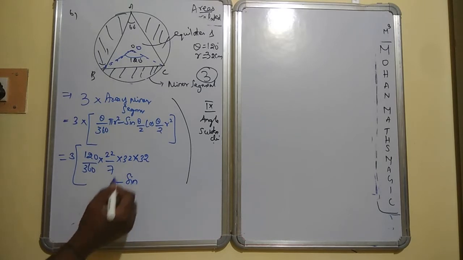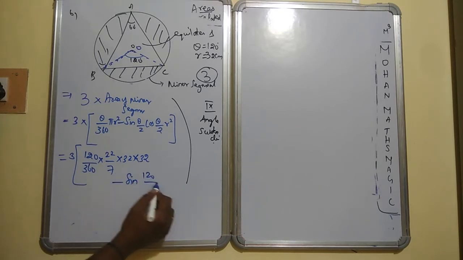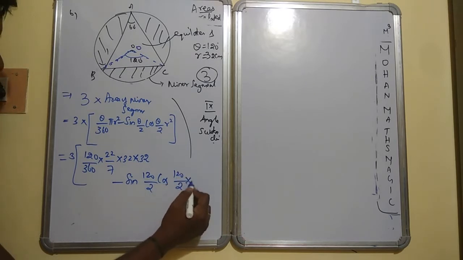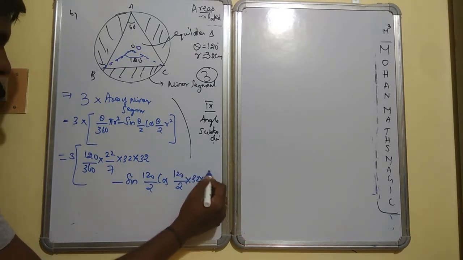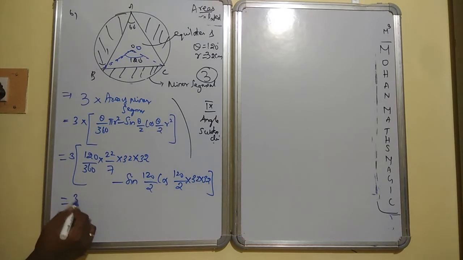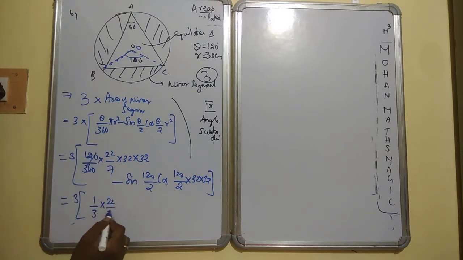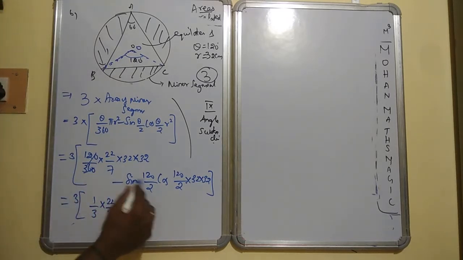Sin theta by 2, that is 120 upon 2, cos 120 upon 2, radius 32 into 32. So in calculations, thrice will cancel: 1 upon 3 times 22 upon 7 times 32 into 32, you will get 1024. So this is 1024 minus sin 60.